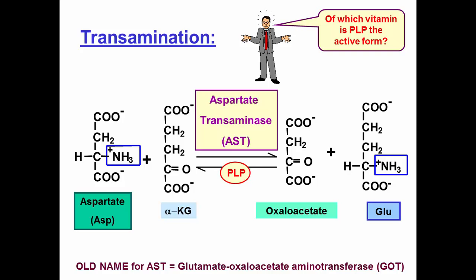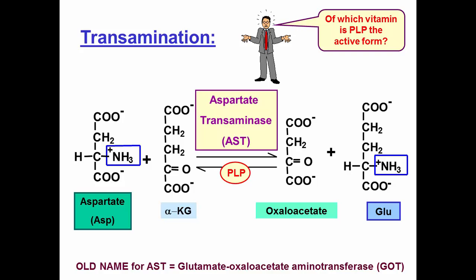Aspartate, alanine, glutamate. Thank you so much. It's an obvious one, but I want you to think about that and the fact that the alpha keto acids of the other forms are also participants in these reactions. And they both have PLP.